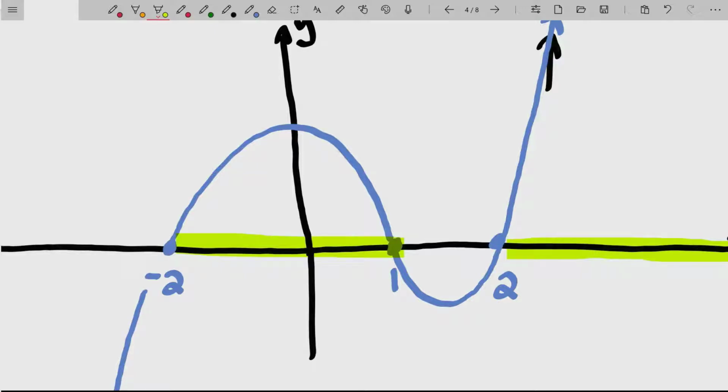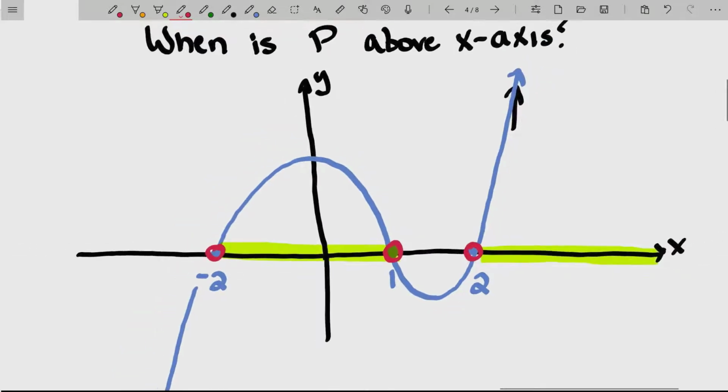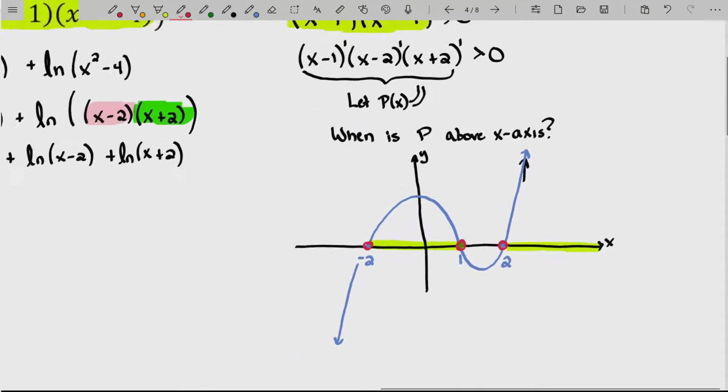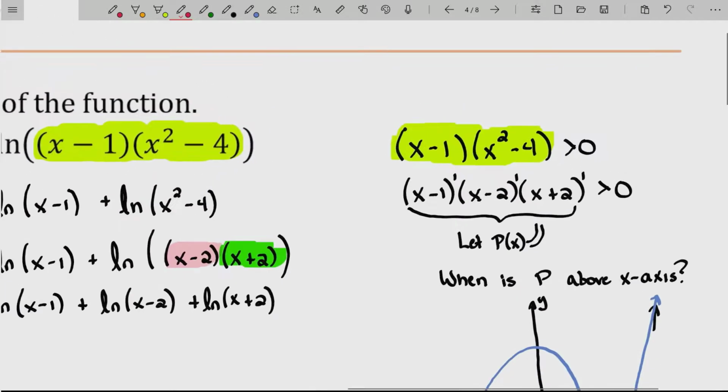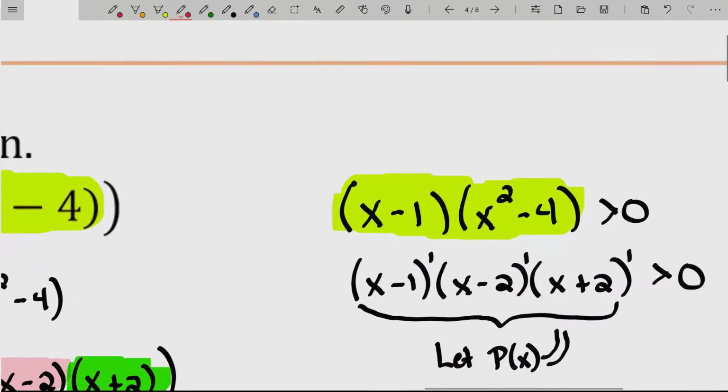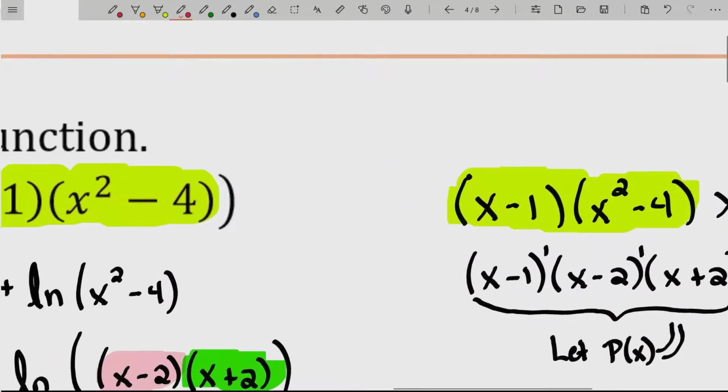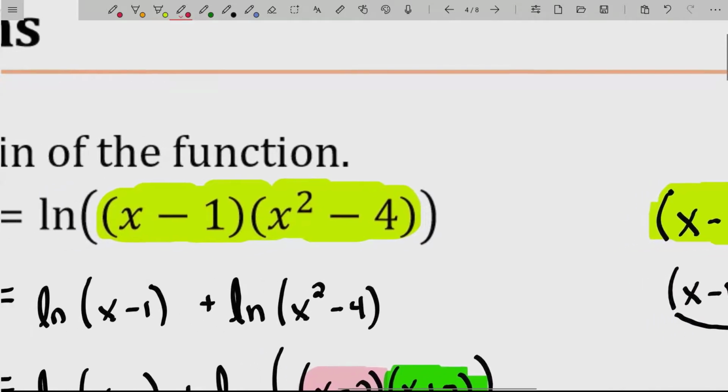The blue curve is above the x-axis on those two highlighted intervals, not including 1 or -2 or +2, because we want to be strictly above the x-axis. So this tells me when that polynomial is positive, and remember, we needed that polynomial to be positive because that was the argument of our logarithm.